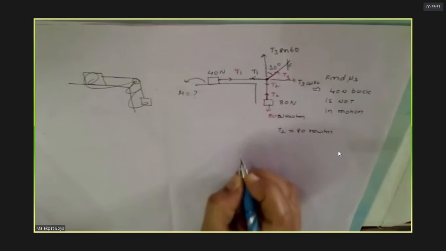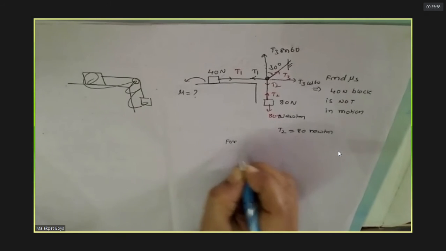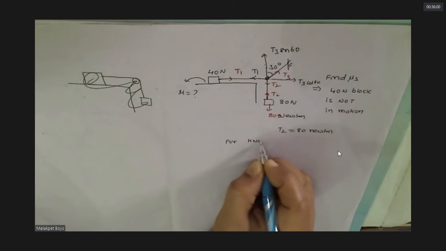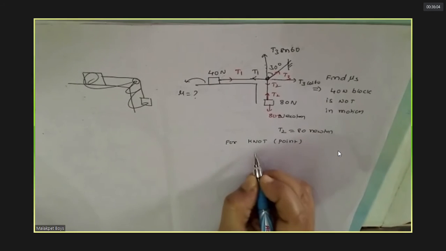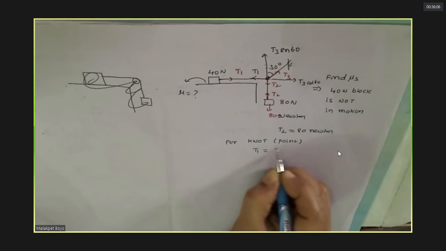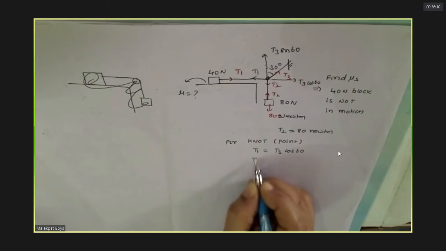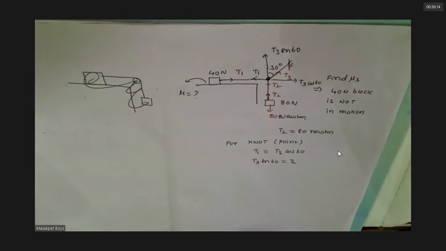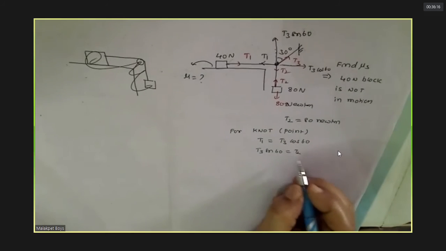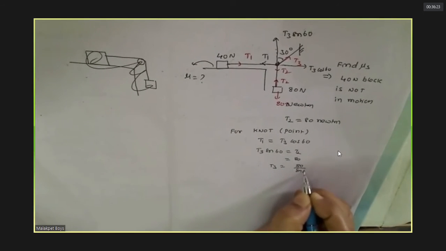Now for this knot you have this point. I can write directly now. I hope you'll understand this. Yes, sir. Got it. This is nothing but 80. T3 is 80 by sine 60.